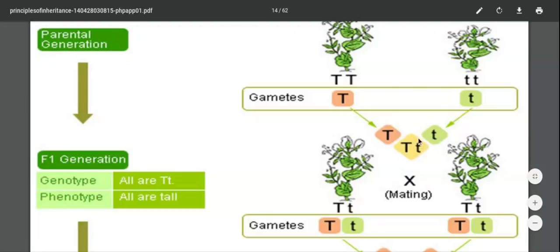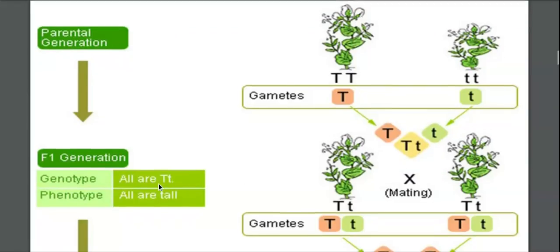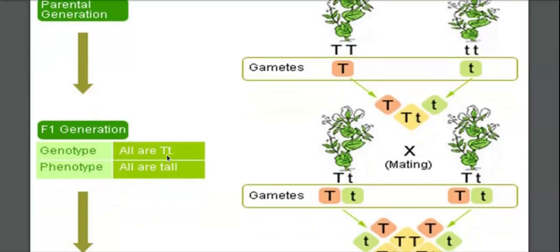So if this is the genotype of the plant, what can we say about the genotype? Capital T, small t, it is heterozygous dominant. So the plant will be tall, but it is not homozygous tall, it is heterozygous tall. Okay, so all plants are heterozygous tall in the F1 generation. This is the genotype, this is the phenotype of F1.